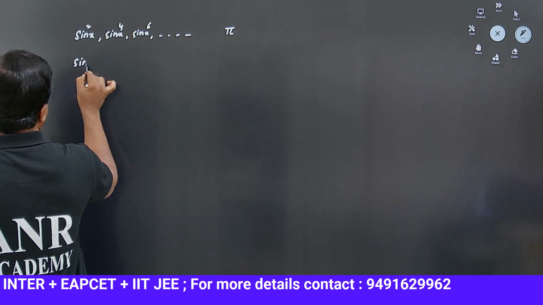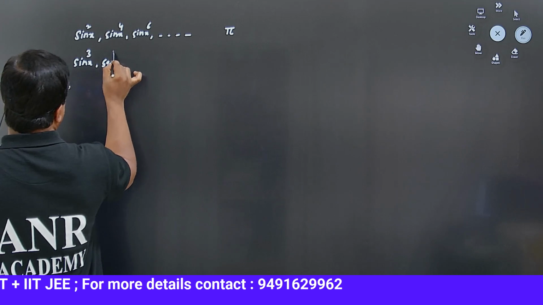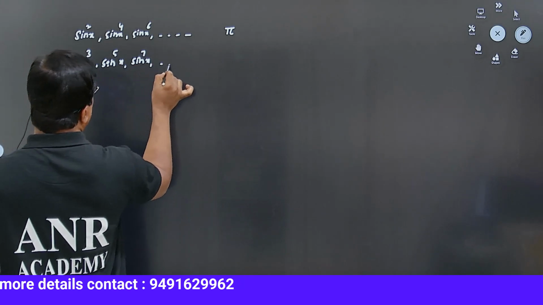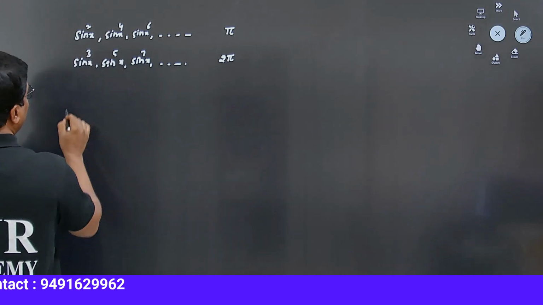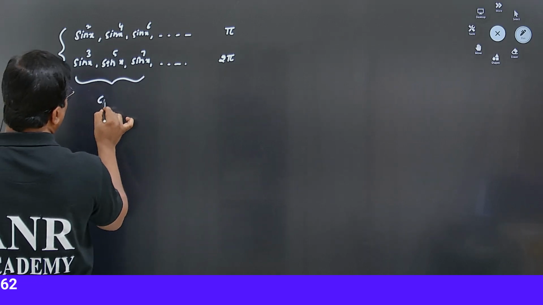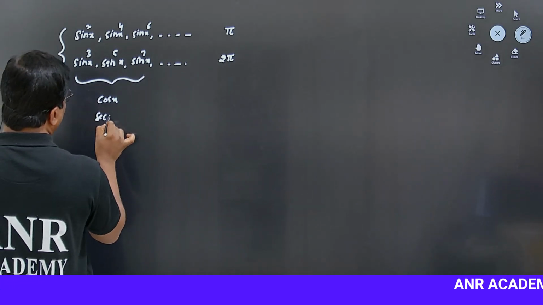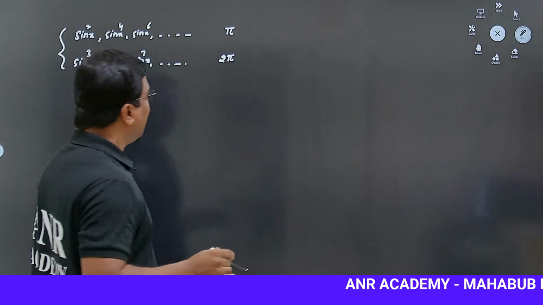Next, sin cube x, sin power 5 x, odd powers. Both positive and negative values exist and the period must be 2 pi. In the same way, the same is applicable for the cosine function, secant and cosecant also.